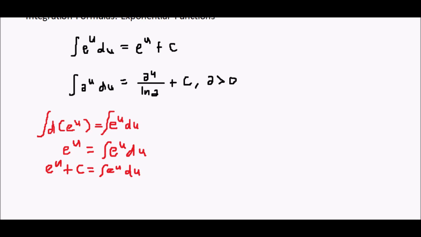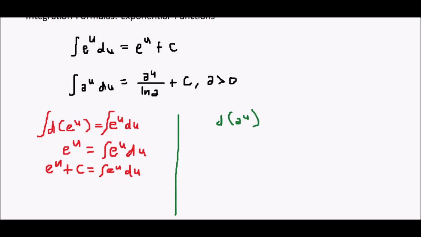So we'll try to derive the second formula. What is the differential of a to the u?